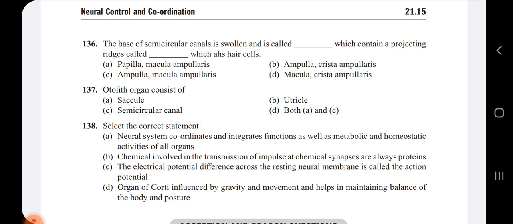D. Organ of Corti is influenced by gravity and movement and also helps in maintaining the balance of the body and posture. Among all these statements, the correct statement is option A. But B is not correct. Why? Because the transmission of impulse at chemical synapses always involves chemicals, not necessarily proteins. So option A is the correct statement.